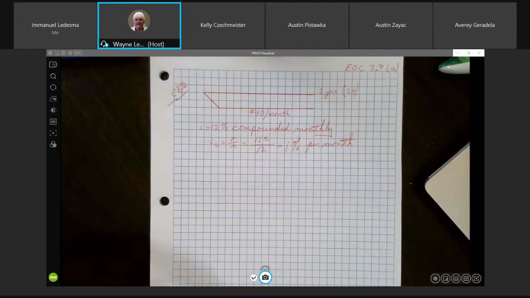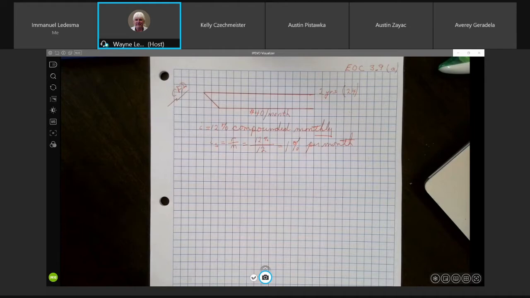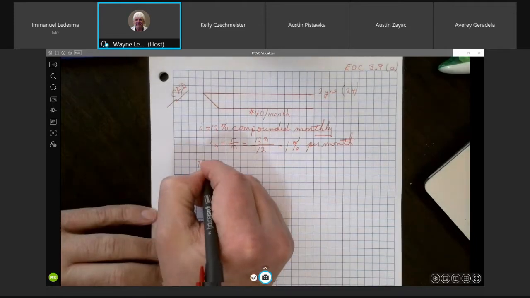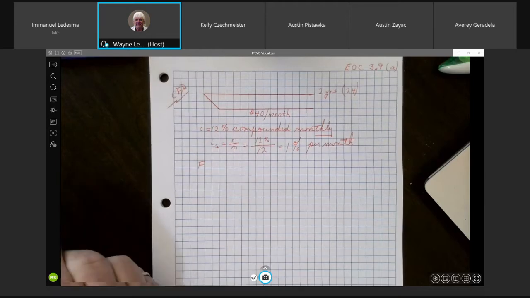We have an annuity that's being paid out or being deposited into this account, but the question is saying how much is accumulated over 2 years. That's a future value. So we're solving for F, future value. Some people might write FV for future value. Some people might write just F. Others might even write future worth, FW. It's immaterial to me. You're covering the bases adequately by going this route.